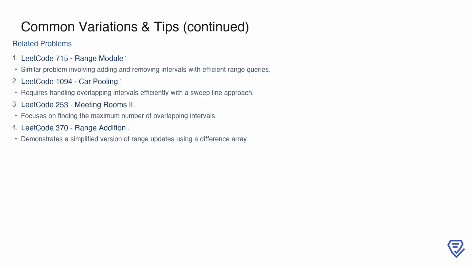In LeetCode 253, Meeting Rooms II, the focus shifts to finding the maximum number of overlapping intervals, which helps build intuition for scenarios requiring interval counting. Lastly, LeetCode 370, Range Addition, is a simplified version of range updates that uses the difference array technique. Exploring these problems can deepen your understanding of common patterns and strategies for solving interval-based questions.